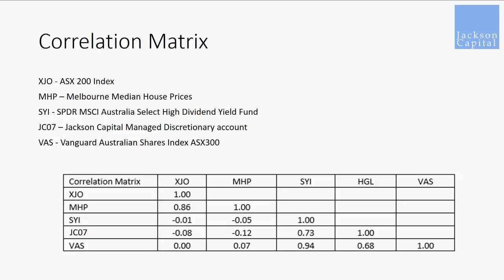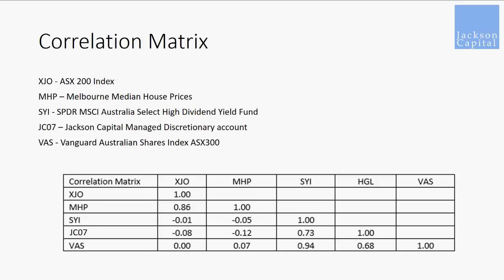Here I've got five investments: XJO, Melbourne median house price, SYI, which is the one we spoke about before, the JC7 managed discretionary account, and Vanguard Australian Shares Index, which is the same sort of thing as SYI. It's an index tracking fund.